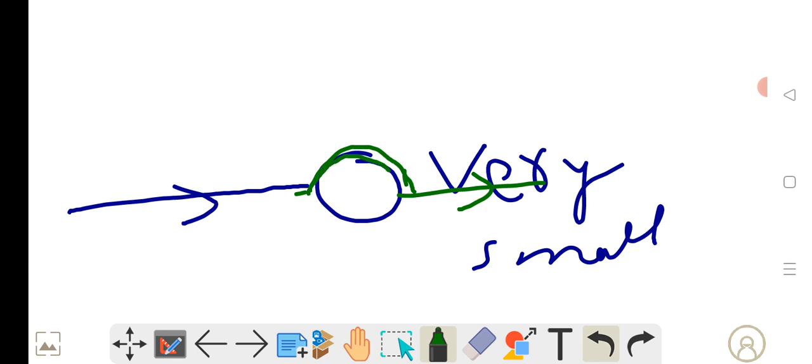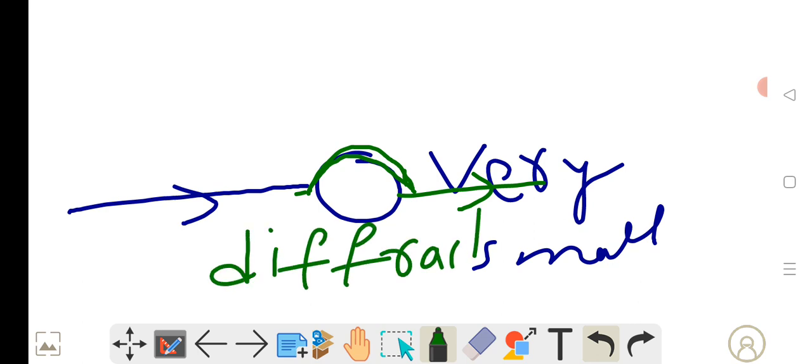Like this it bends instead of going in a straight line. This bending of light at the corners of the object, if the opaque object is very small, we call diffraction. So this is called diffraction.